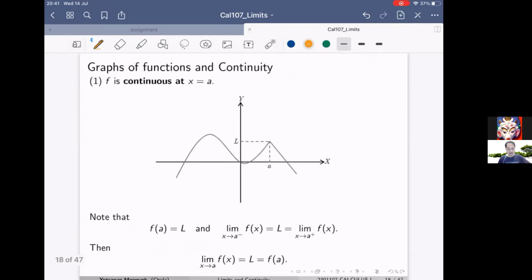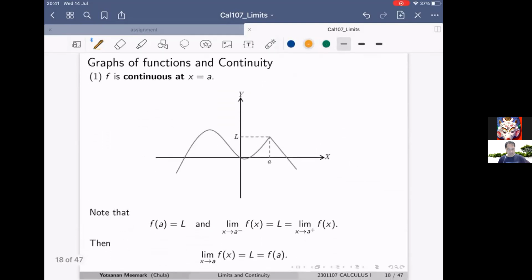So here is a graph of a function and continuity. Let's look at this one. We say that our f of x is continuous at x equals a, because the graph is having one piece over that point.